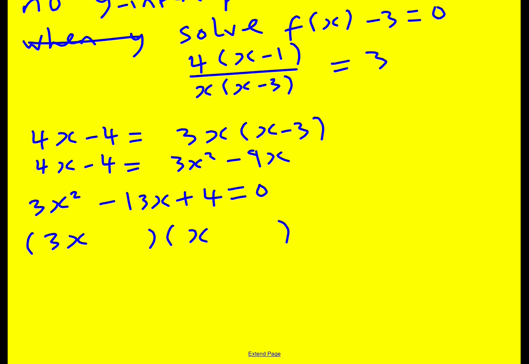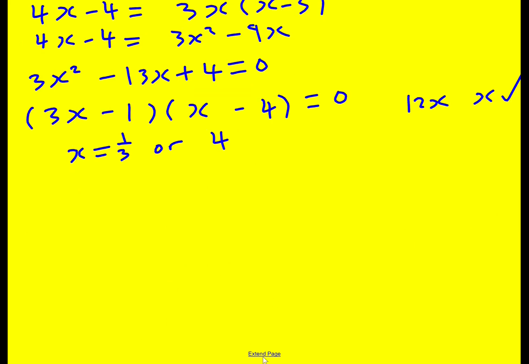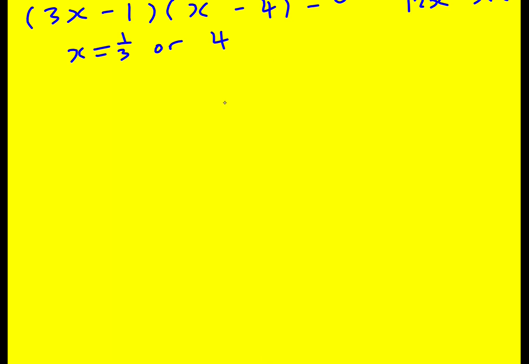Well, minus 13 is quite a big number compared to 4, so I'm going to have to try and max out 4 over here, I think. And that would give me 12x and x. So that's going to work if I make this minus and this minus. x equals 1/3 or 4. And we're basically done. So we can sketch this now.